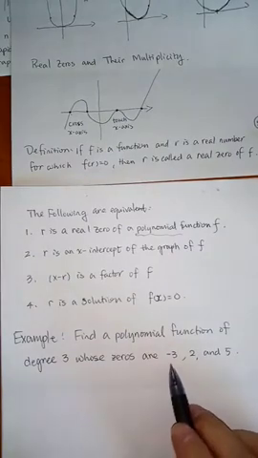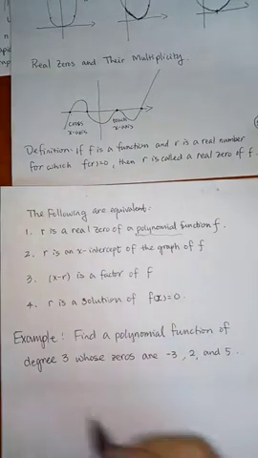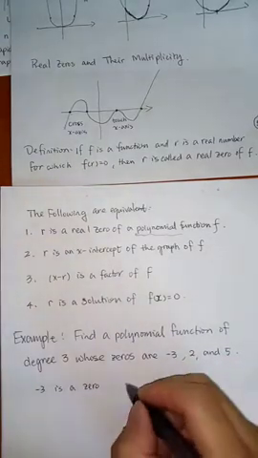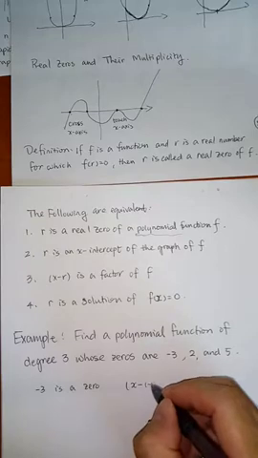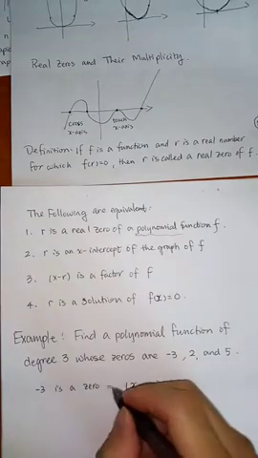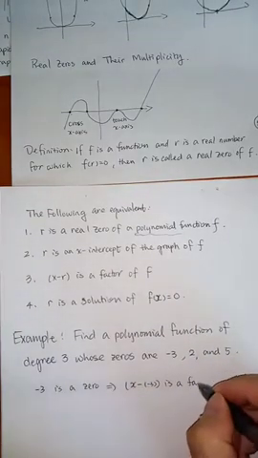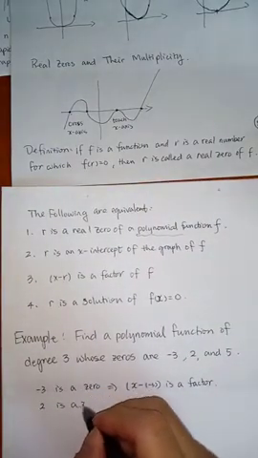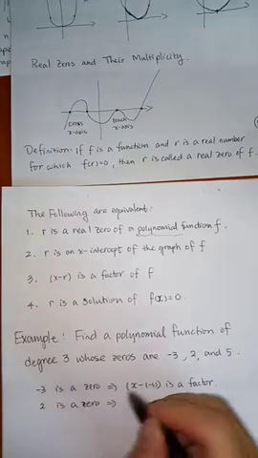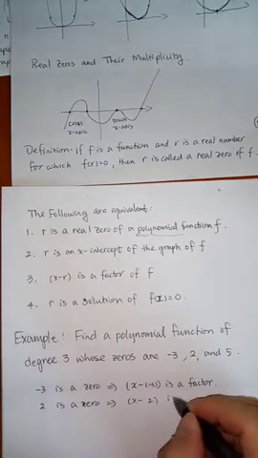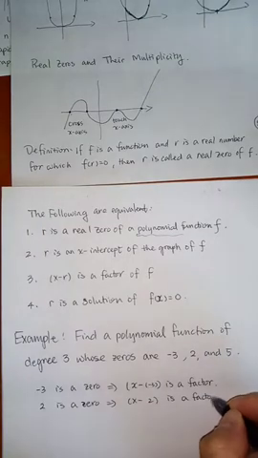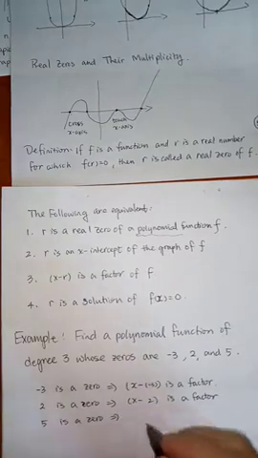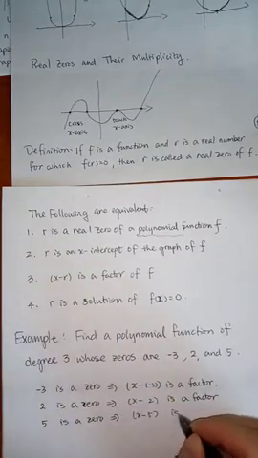Okay, so -3 is a zero, then x minus -3 is a factor. 2 is a zero, x minus 2 is a factor. 5 is a zero, x minus 5 is a factor.